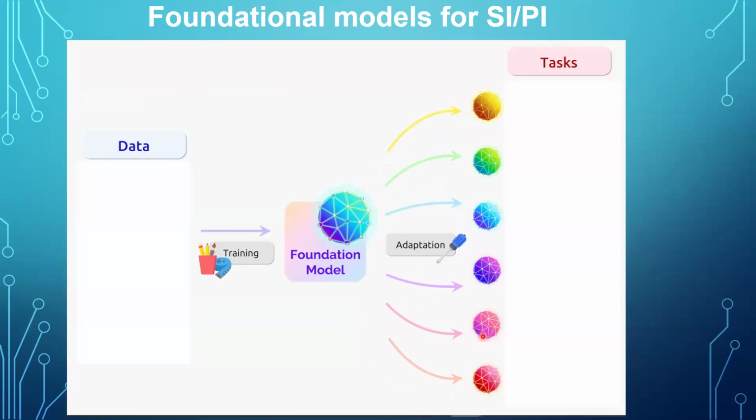So here's what we think we want to build: the foundation models for SI and PI, right? At least in HPE, we have a vast amount of design specs from all our vendors we work with, Intel, AMD, Broadcom. A lot of design specs have been documented and provided to us, so we have a huge history and library of these design guides. And obviously we also have our own design specs.